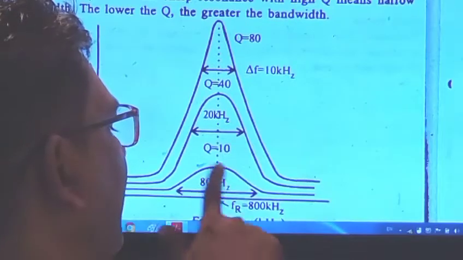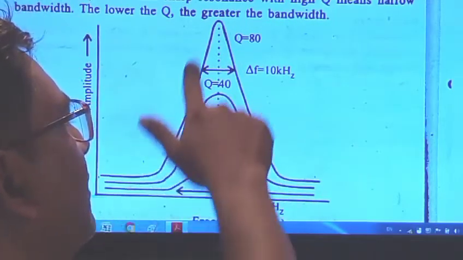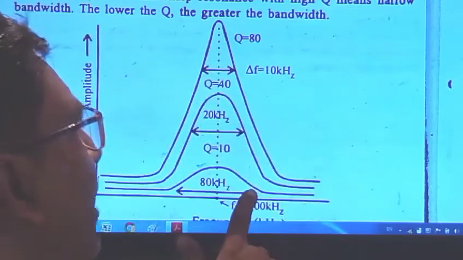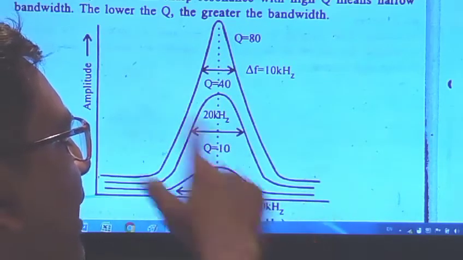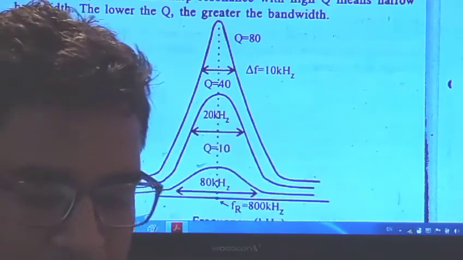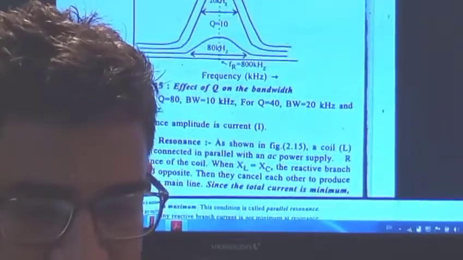Here, for one particular Q value, a second Q value, and a third Q value, you obtain different bandwidths on the X and Y axes. So this is how the bandwidth is affected.